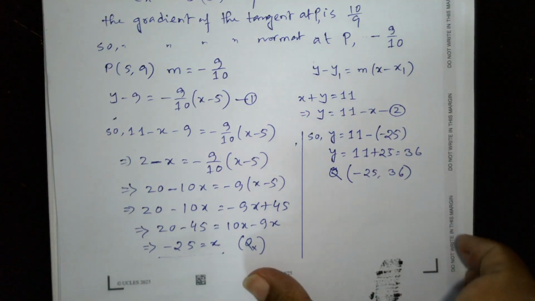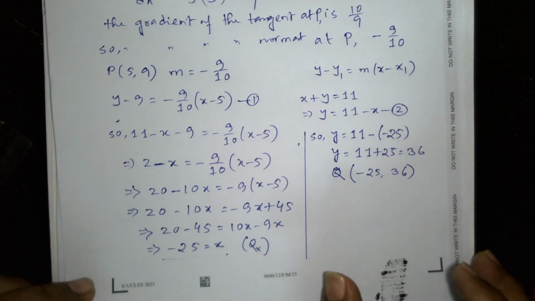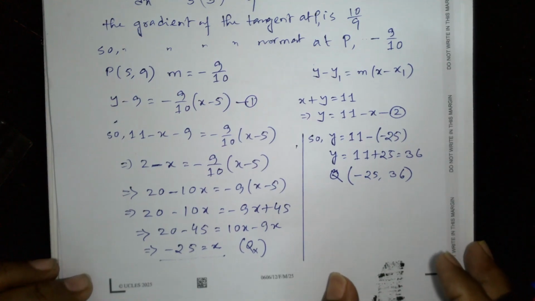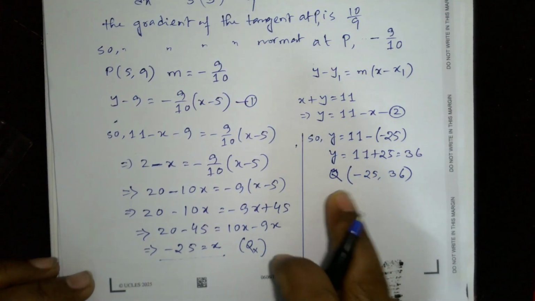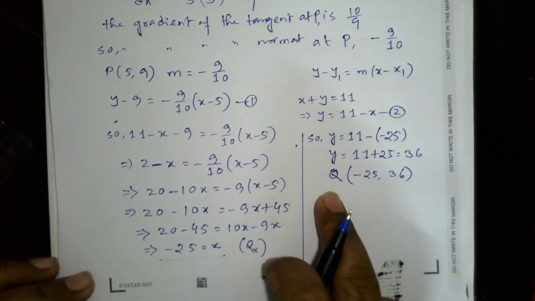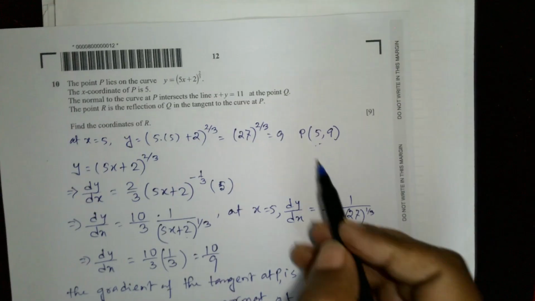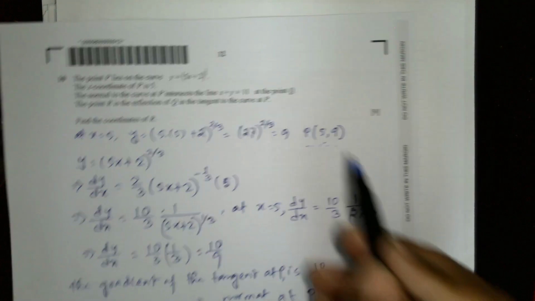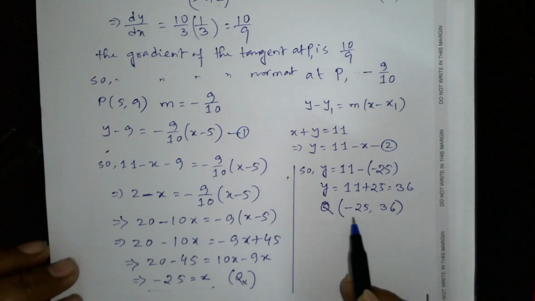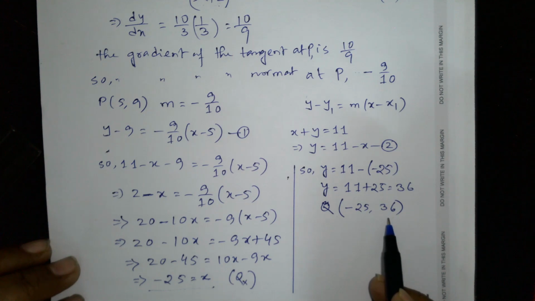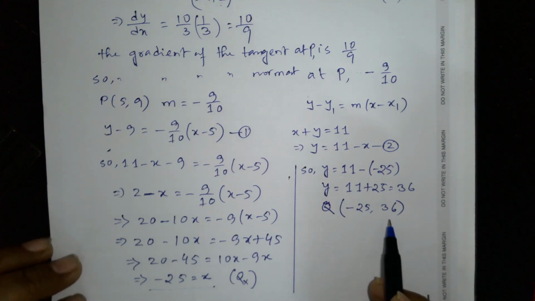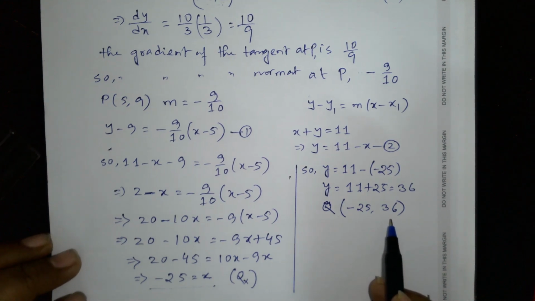In order to find R, we needed the coordinates of P and Q. So P was 5 comma 9, and we found Q as minus 25 comma 36. Now, how can we get the coordinates of R?